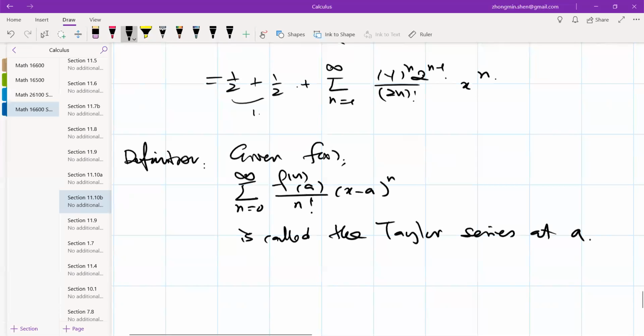So if I ask you to find the Taylor series, you have two options. One is to use the formula, the definition, to find the Taylor series.